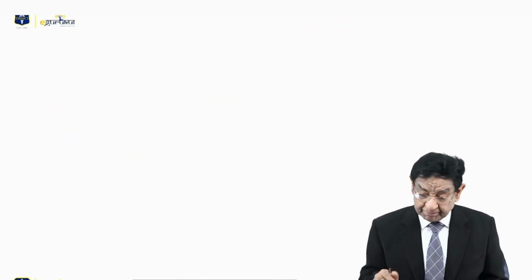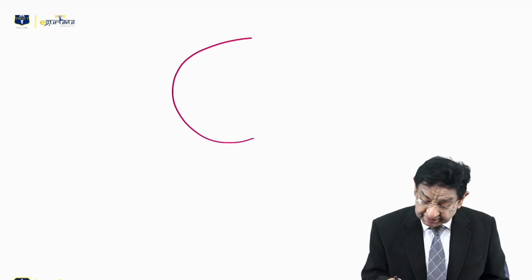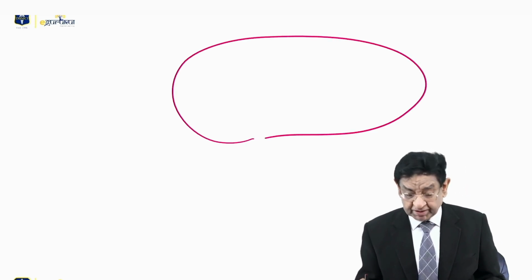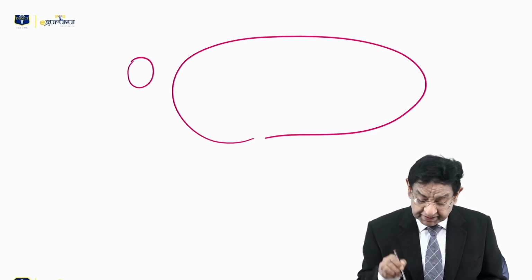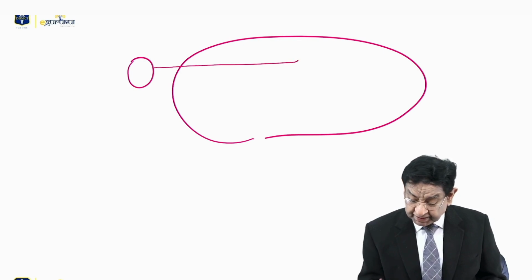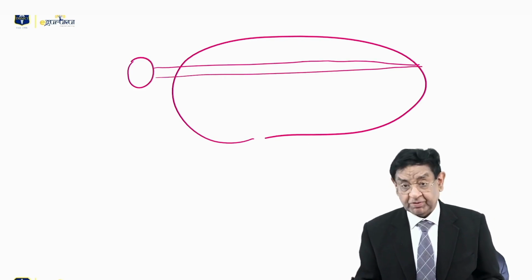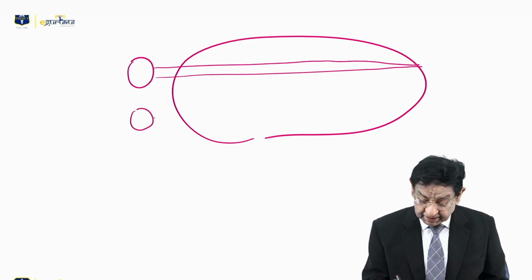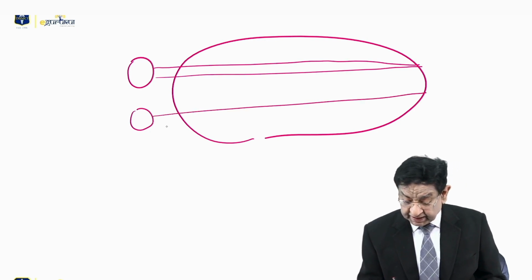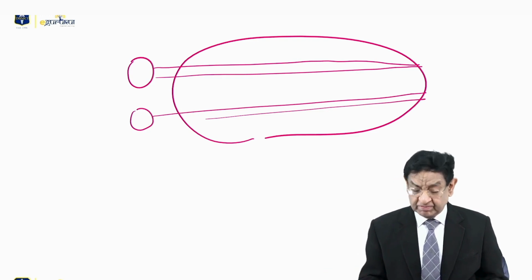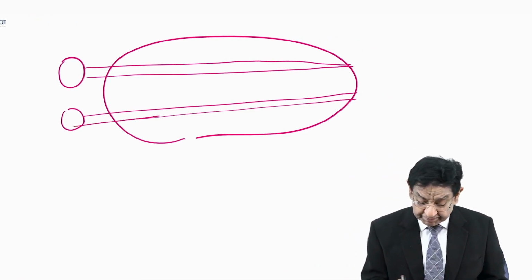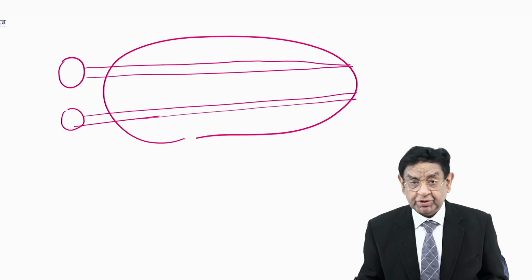Well, basic concept. This is, let's say, the brain, cerebral cortex. Here is the eye, and here is the optic nerve. And we know very well it goes to the occipital lobe. We have another second eye and optic nerve. It's a very simple line diagram, and it's again going to the occipital lobe.